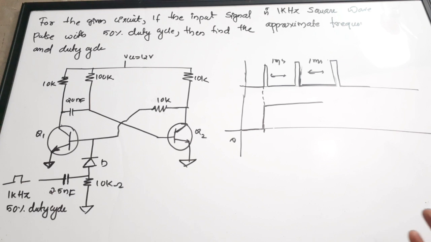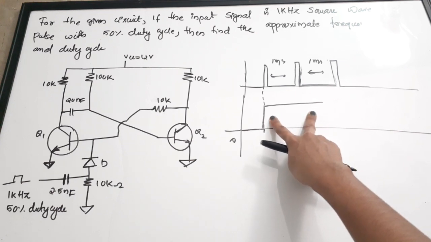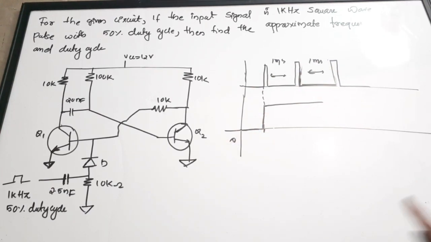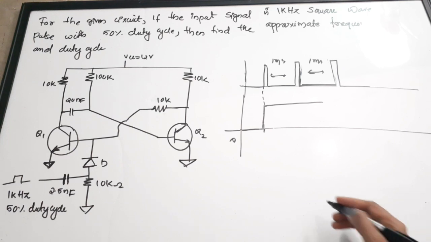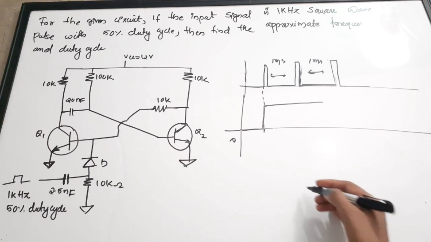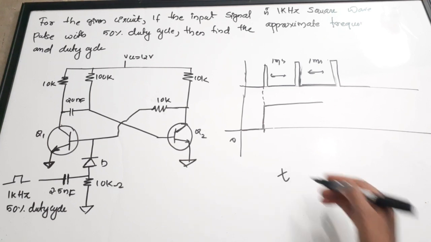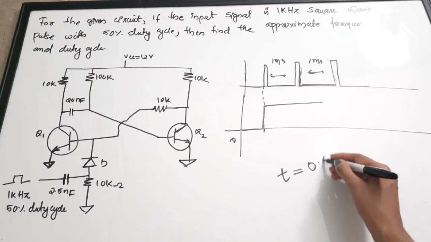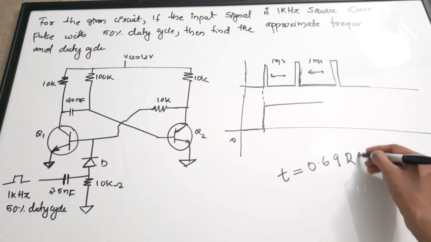So that is the working of a monostable multivibrator. Now how long the wave stays in the unstable state depends on the time period of the wave, so in order to calculate that, we have to find the time period. T is equal to 0.69 RC.